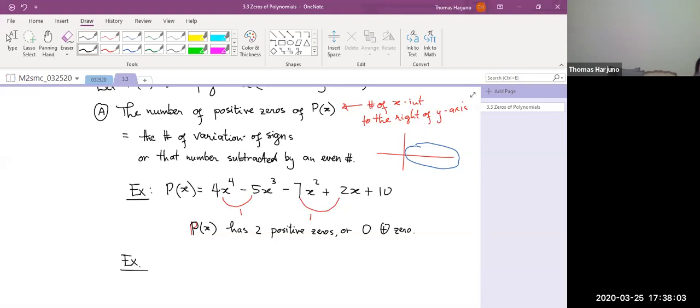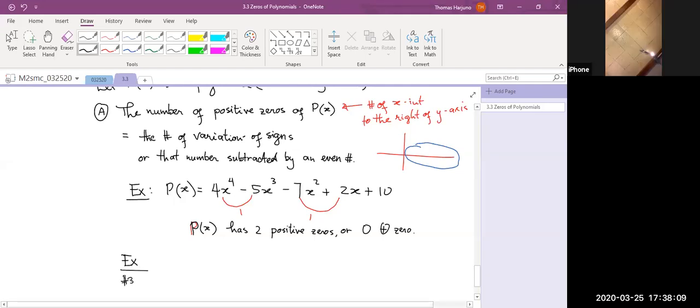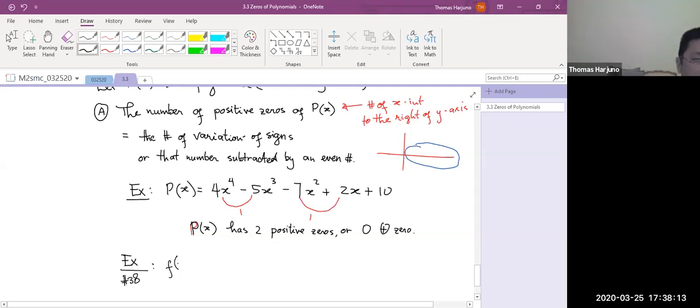Let's say I see number 38. I have this function f(x). Oh, no, it's not a function. Okay, that's an equation.